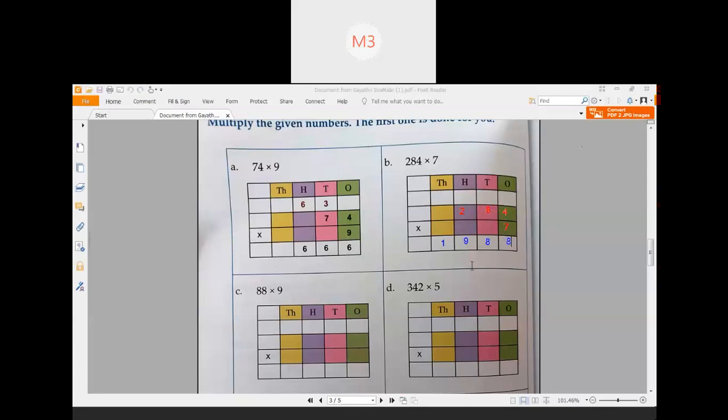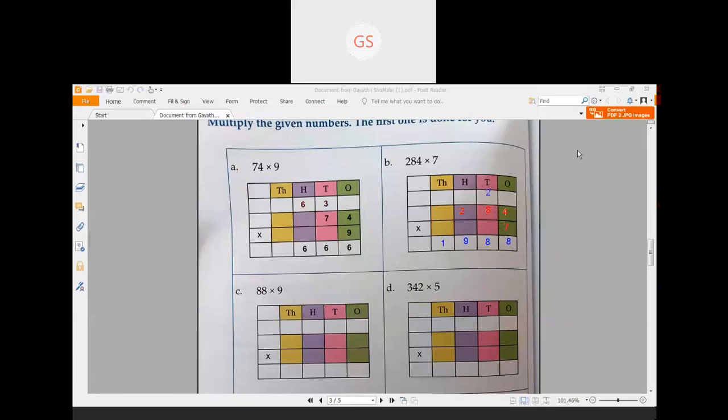Very good. 7 into 4, right? So, what is the answer? 7 into 4, 28. So, where do I write 8? Here. Where do I write 2? Carry over, right? Yes, 2 carry over. 2 here and 8 here.